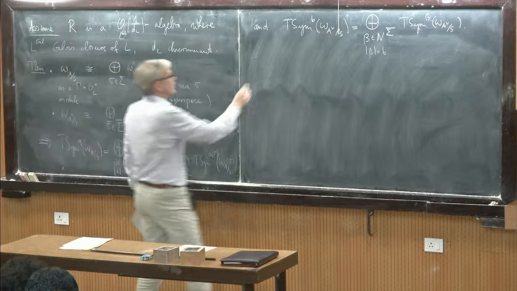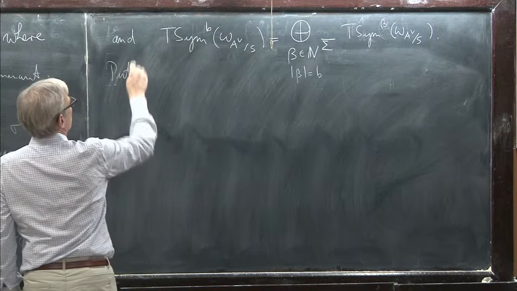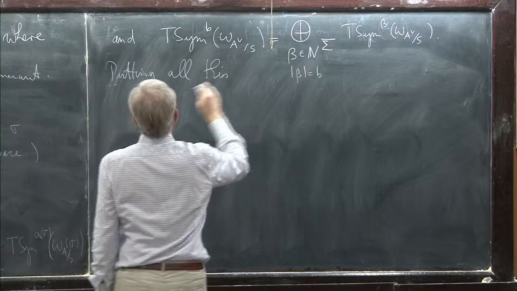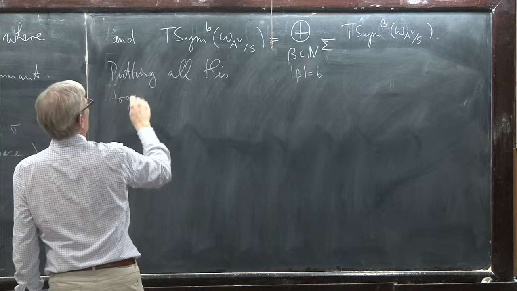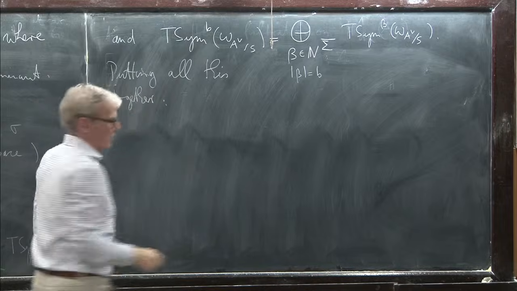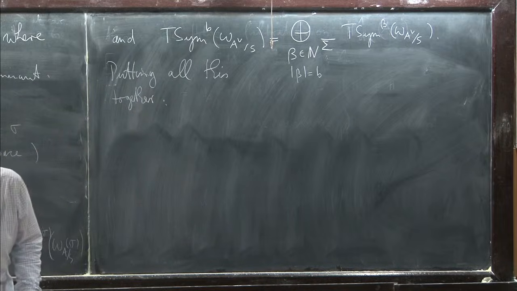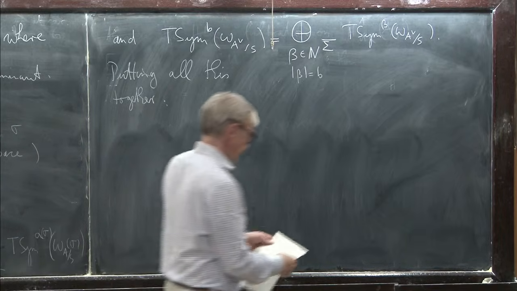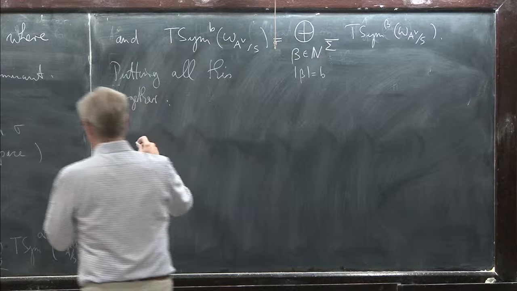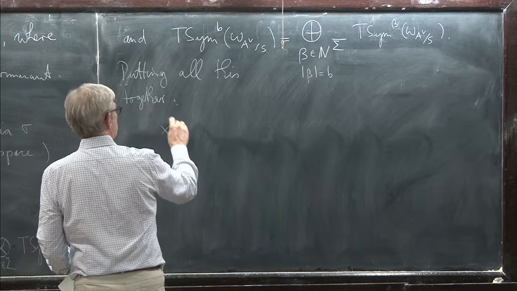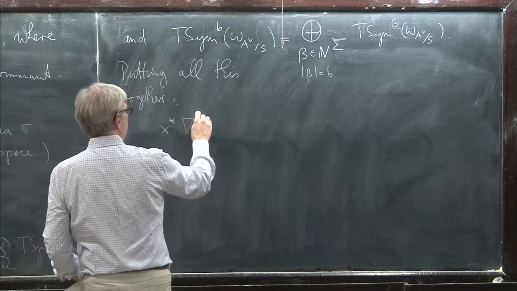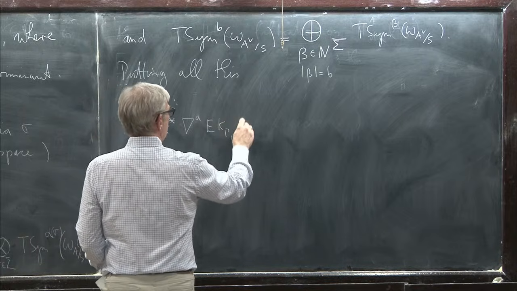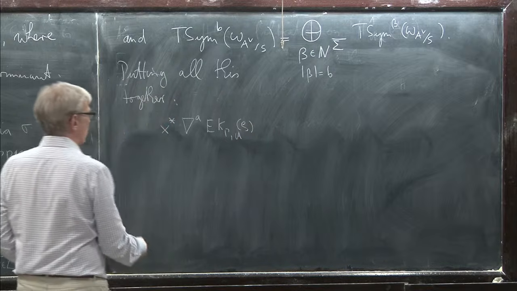So putting all that together, we finally get the following classes. We can take x upper star from our derived classes, e k gamma a, for some function rho.